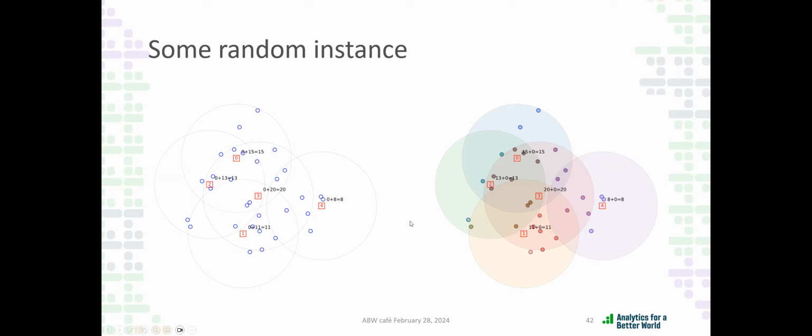So I have these blue dots, which are households where there are people, and these red squares, numbered from 0 to 4, are the potential locations for facilities that may or may not be installed. And the circles around these points are the catchment areas, which in this example are just very stylized circles, just to have it easy to understand.